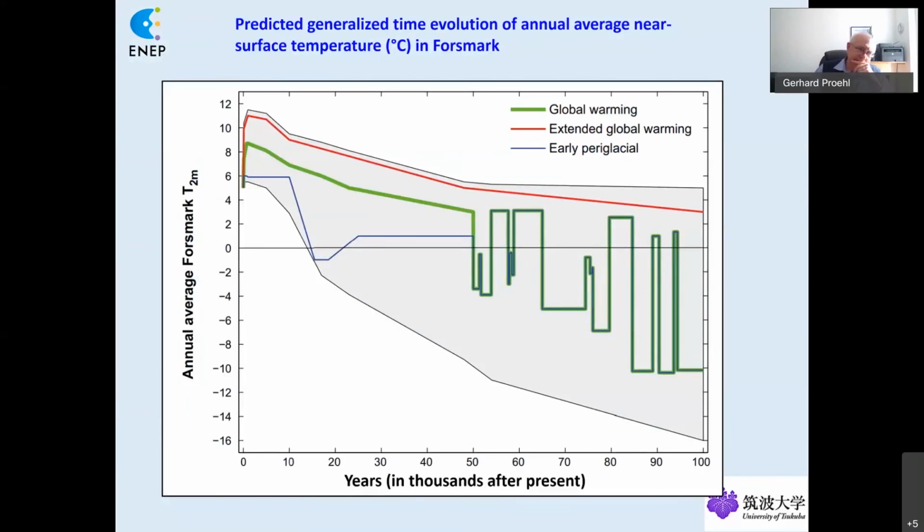And here you see the average temperature at Forsmark for these different cases. The green is global warming, red is extended global warming, so the temperature stays higher, and the blue line is early ice age, so you have a drop of temperature after 10,000 years and it goes up again.